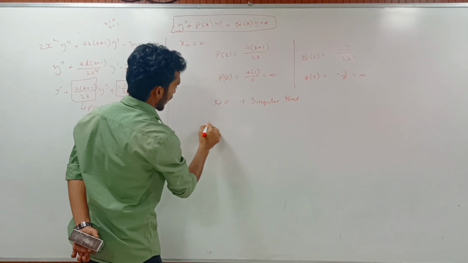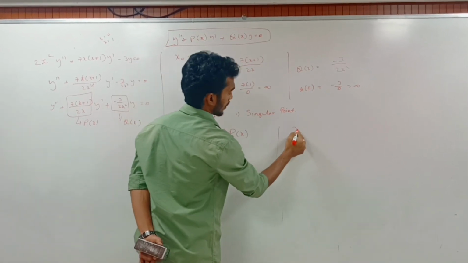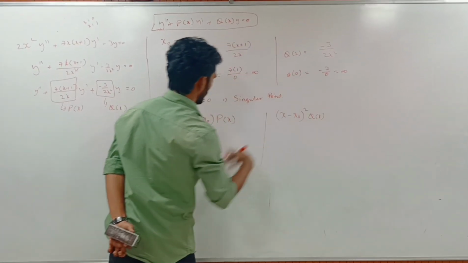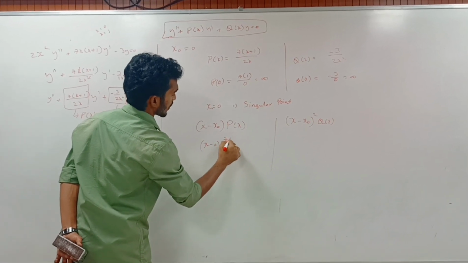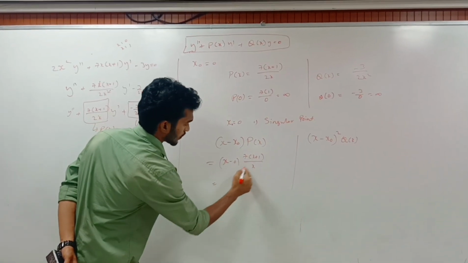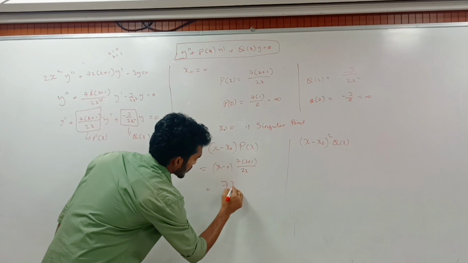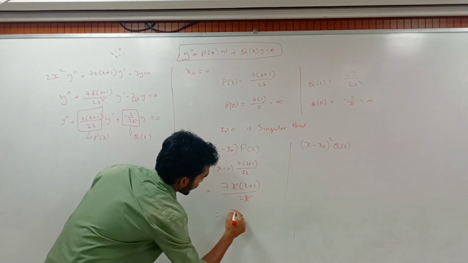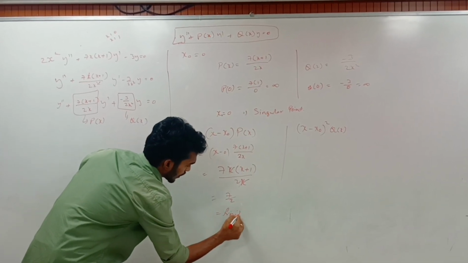For that, we need to find (x minus x naught) into p of x, and (x minus x naught) whole square into q of x. x minus x naught is x, and p of x is 7 into (x plus 1) by 2x. Then 7x into (x plus 1) divided by 2x, that is x has got cancelled, and 7 into, if you put 0, then it is 7 into 1, 7 divided by 2. It is a finite value, right?